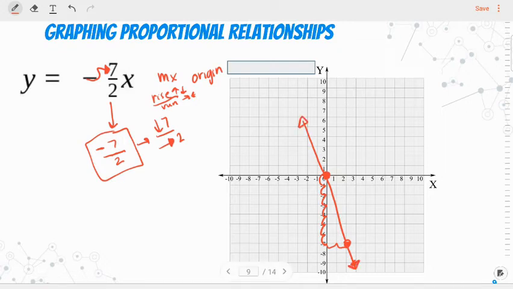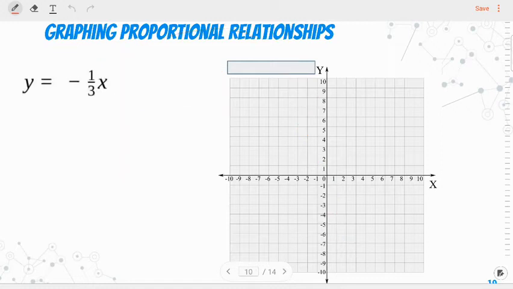Make arrows on both sides, and I have my line. Now, one good thing to do is to check if your slope is going in the right direction. This says a slope of -7/2. It's a negative slope. Does that match my graph? Is it actually going down as I go left to right? And it is, so we're good to go.